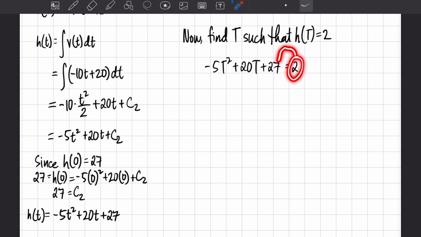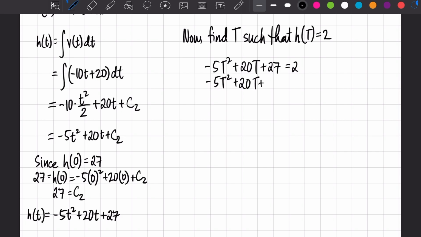Then transferring this one to the left side, we have negative 5t squared plus 20t, then plus 27 minus 2, that's 25, equals 0. And what we can do here is factor out negative 5. So you have your negative 5 multiplied by t squared. Then 20 divided by negative 5 is negative 4t.